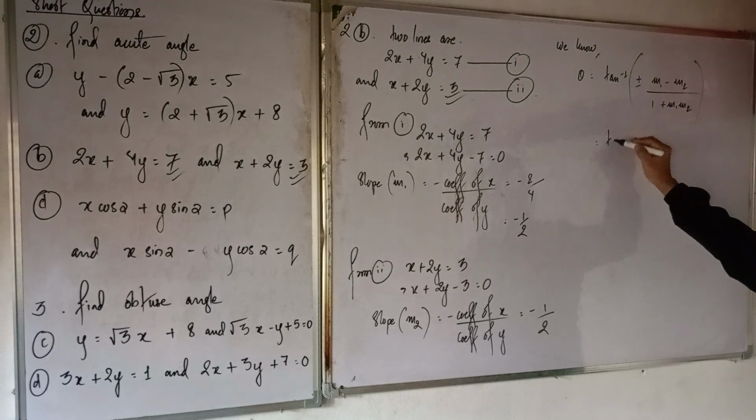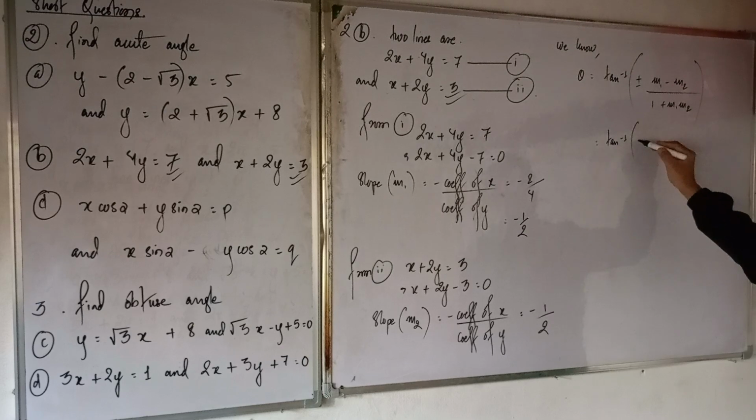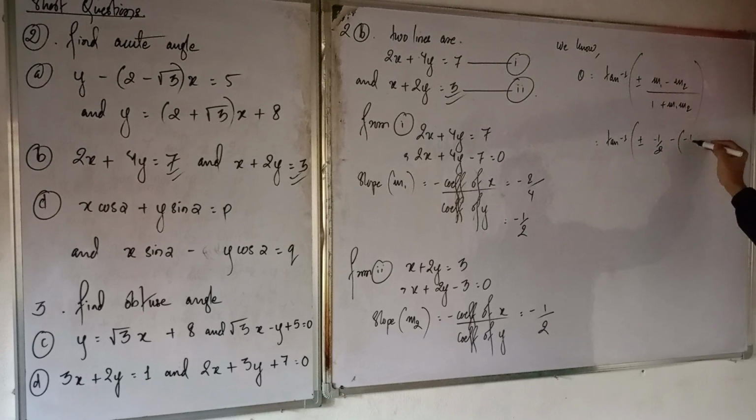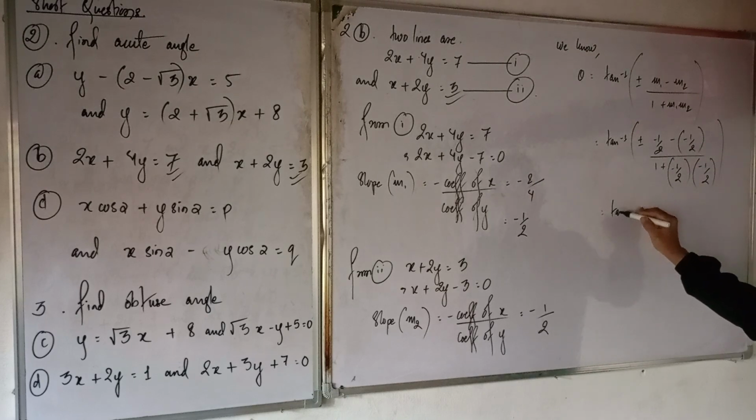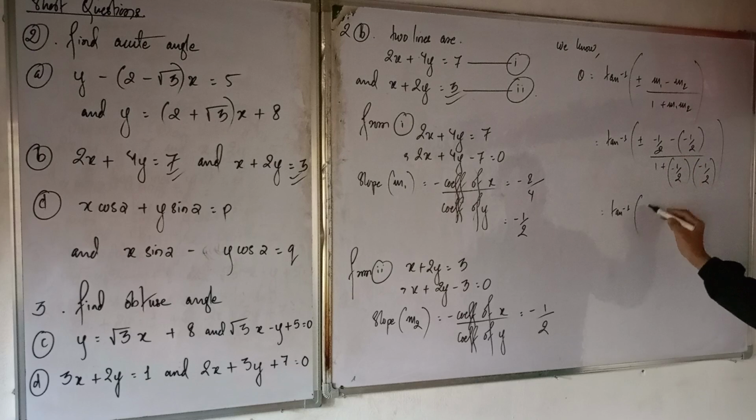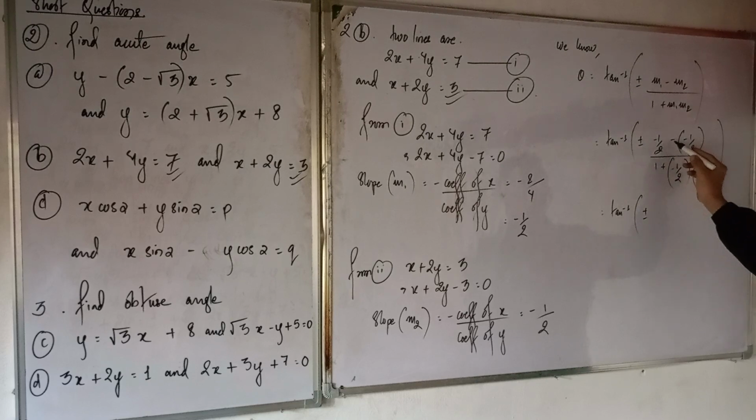So tan inverse of plus minus m1 minus m2, which is minus 1 by 2 minus minus 1 by 2, over 1 plus m1 m2, which is 1 plus 1 by 4. The upper part will be 1 by 2 minus 1 by 2, which is 0.